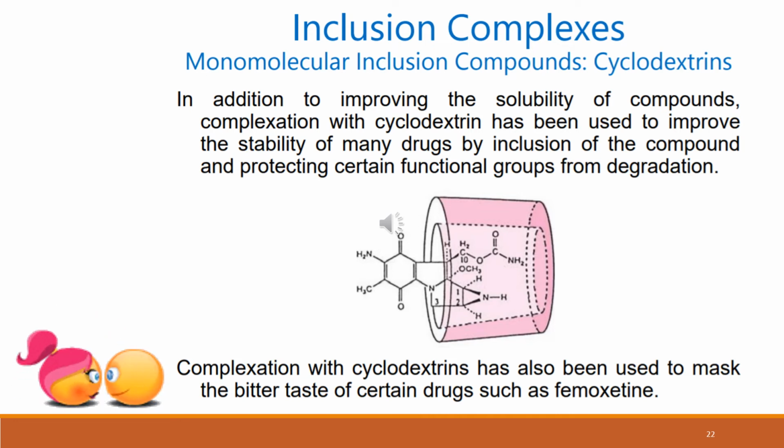The inclusion complexes protect the drug by preventing the exposure of the functional groups to the exterior environment. Complexation with cyclodextrin has also been used to mask the bitter taste of certain drugs like femoxetine.